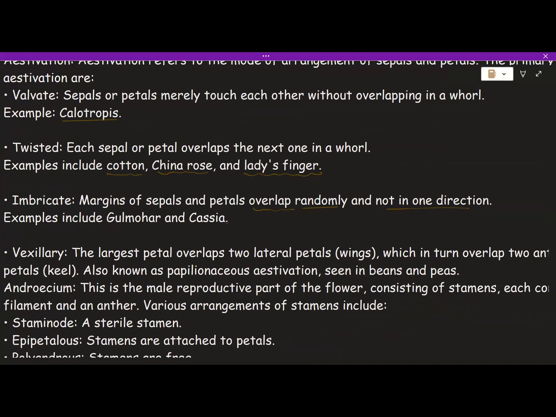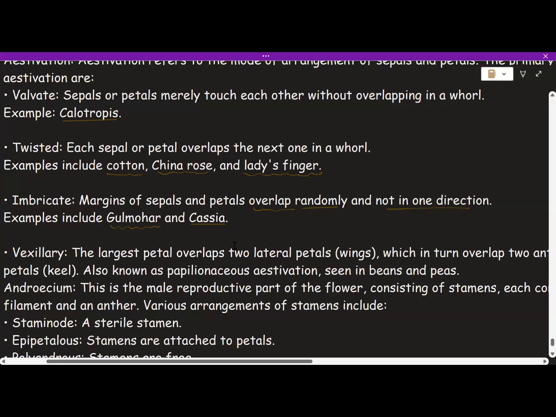It's not following a certain pattern of overlapping or arrangement of the petals. This one is seen in gulmohar and the cassia plant. These are the two examples of plants that have imbricate estivation.